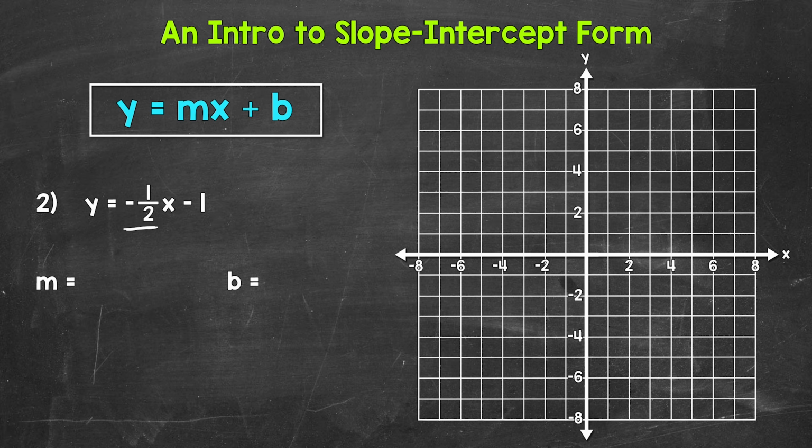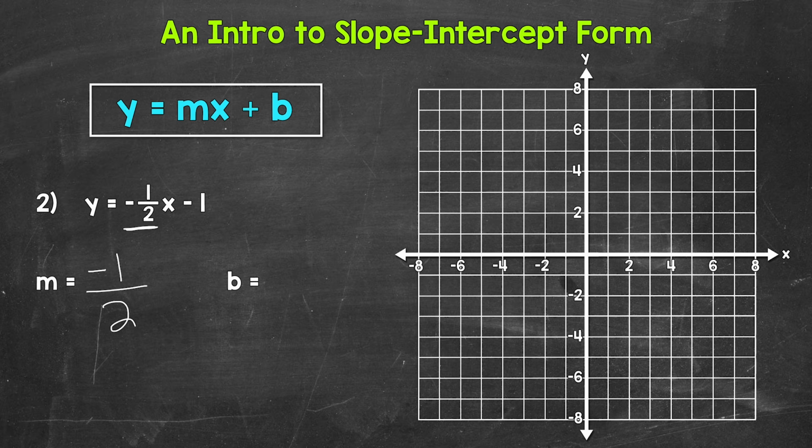So m equals negative 1/2. And I'm rewriting this with the negative in the numerator, the top number. That's going to help us make things more clear when it comes to the rise and the run. So our rise here is negative 1 and our run is positive 2. That's still negative 1/2 there.